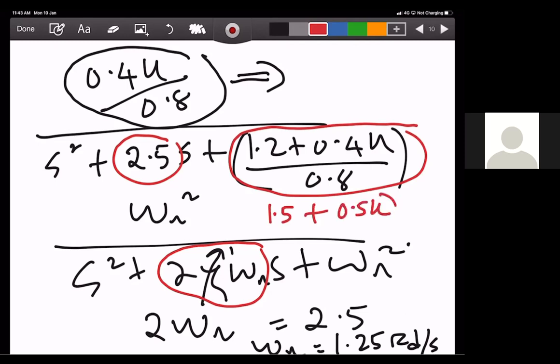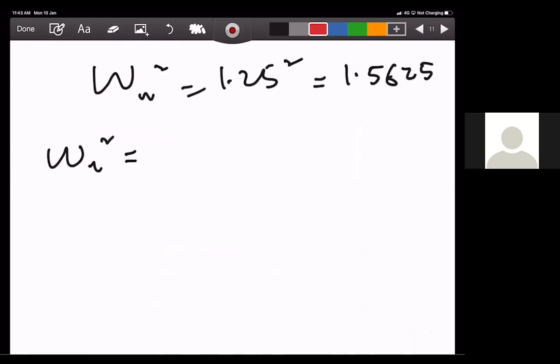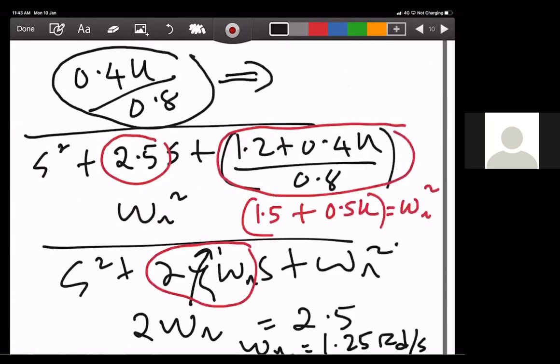Okay. Now this one equal to omega n square. So 1.5 plus... sama dengan, okay.